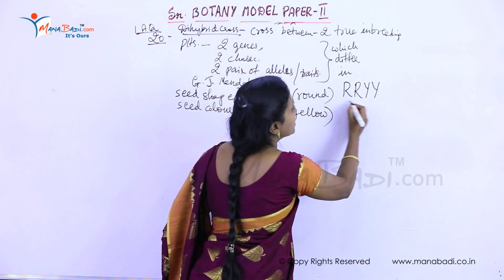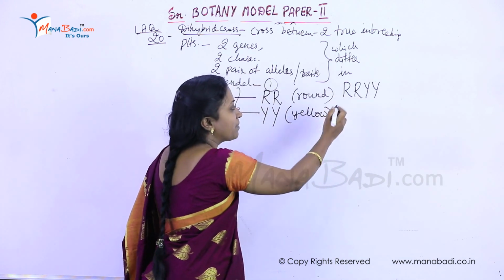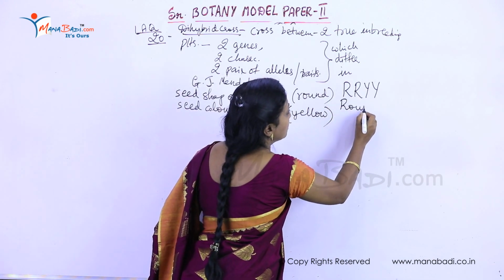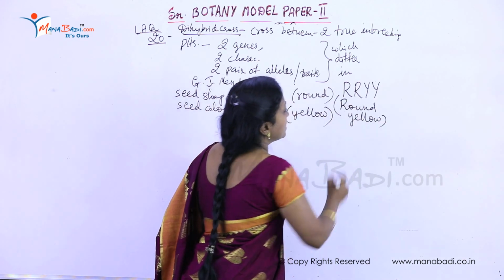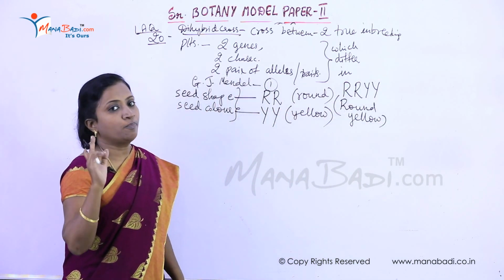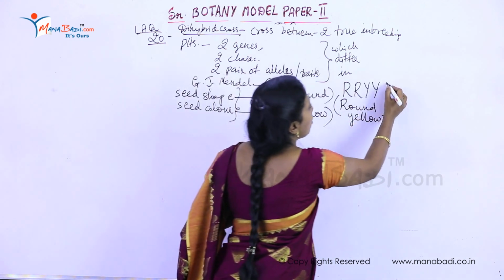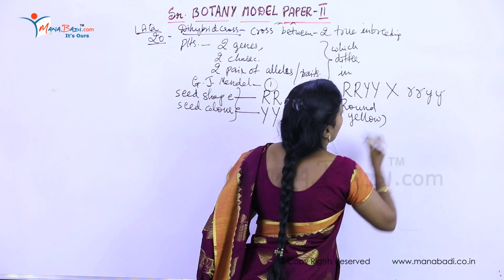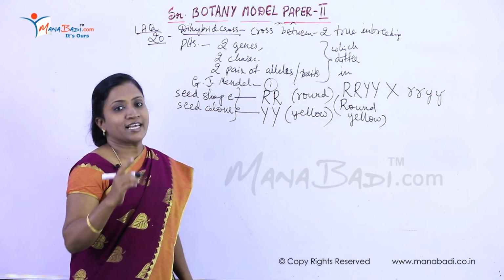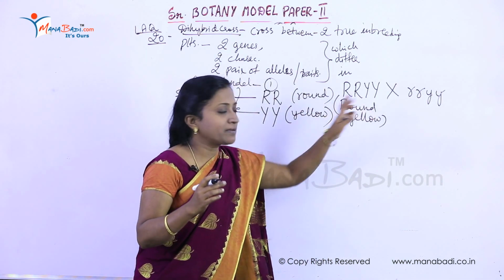So this is the homozygous round yellow plant. It is crossed with a homozygous plant, wherein all the genotypes are similar.